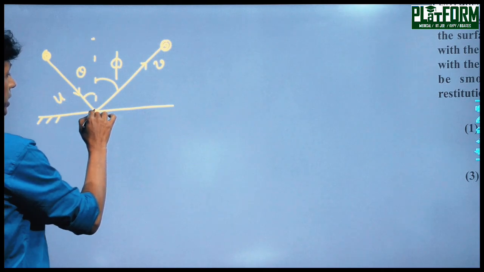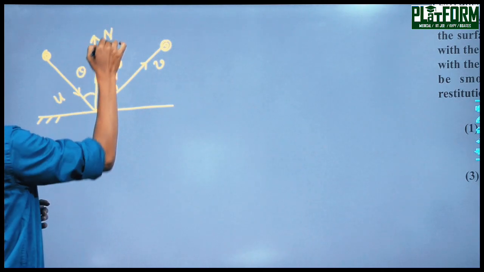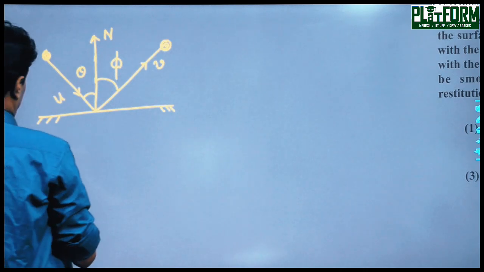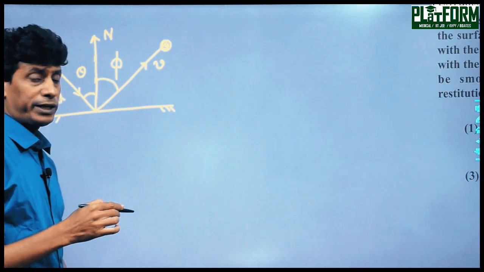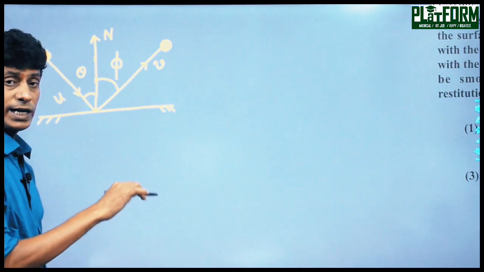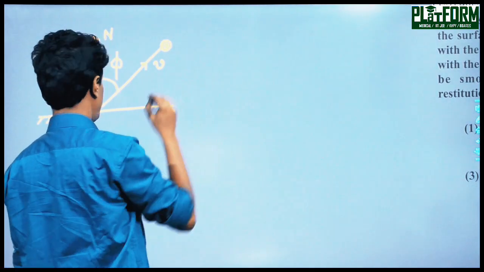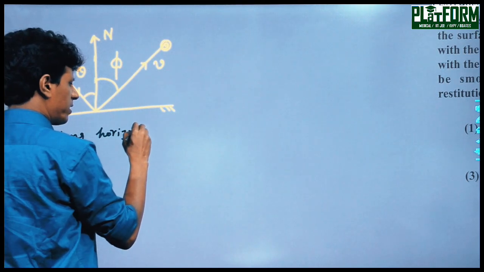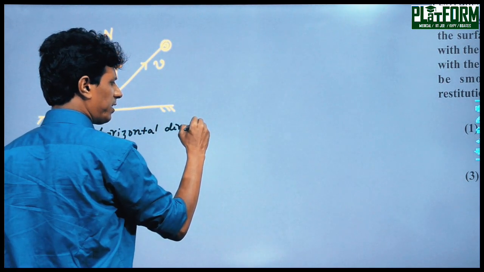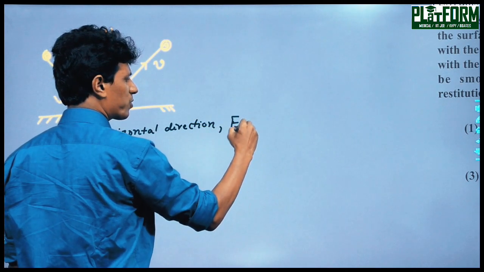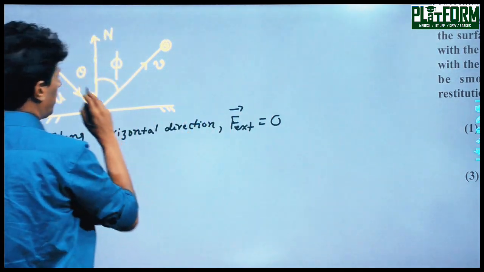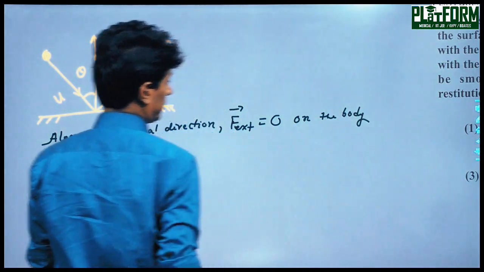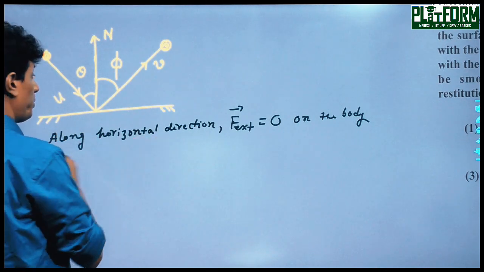For this two-body collision, the normal reaction acting by the ground on the body is N. Since there is no external force along the horizontal direction, we can apply conservation of momentum along the horizontal direction.